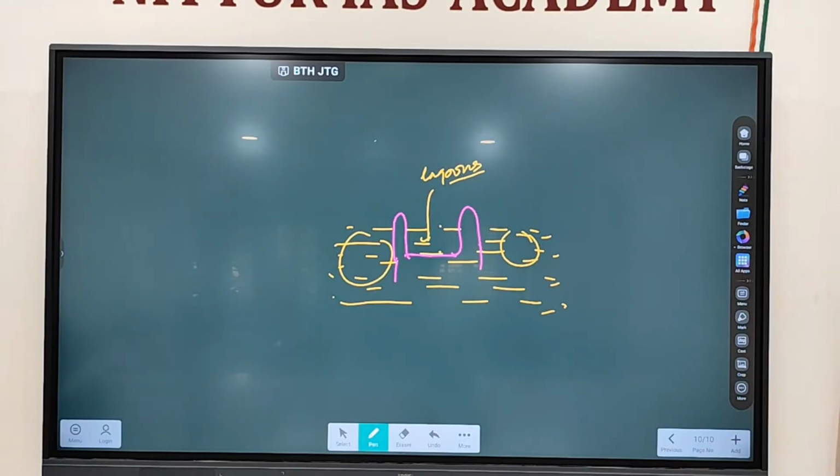Reefs can be of three types. What are the three types of reef? Fringing, barrier, and atoll. Clear? What is a fringing reef? The one found near the coast is a fringing reef, the one found away from it is called a barrier reef, and the one which is coming out of the water and containing lagoons is called an atoll reef. Fine.